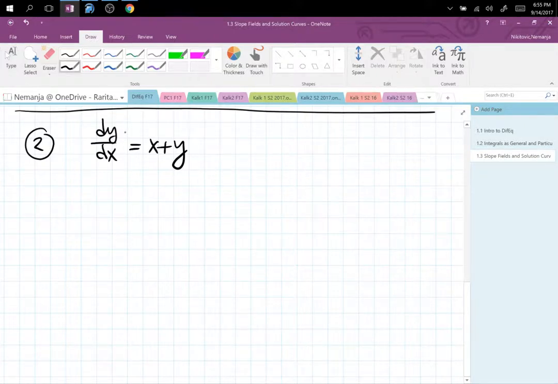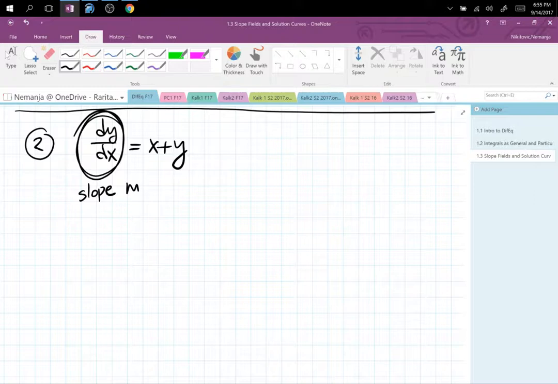What do I know? I know that this dy dx is the slope. So I will call that slope m. I will assign to that slope m a value, say 0. So let m equal 0.